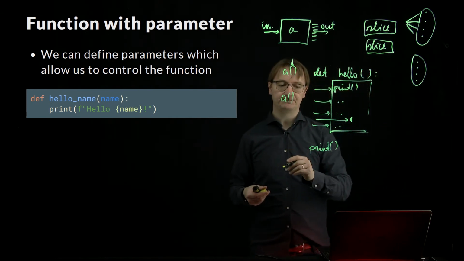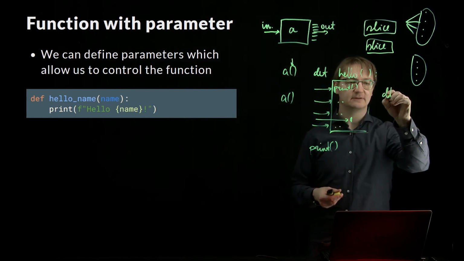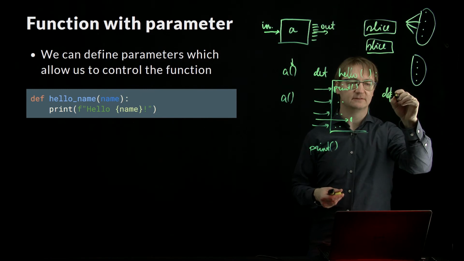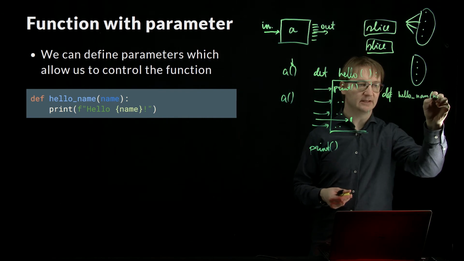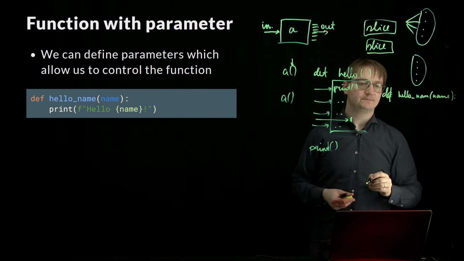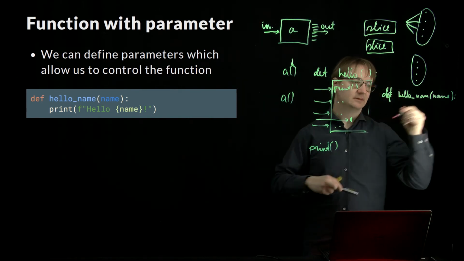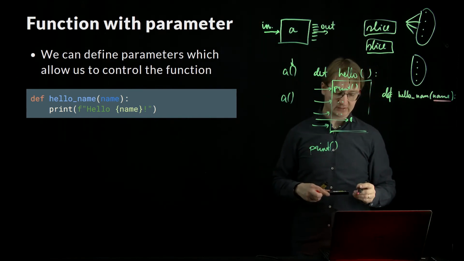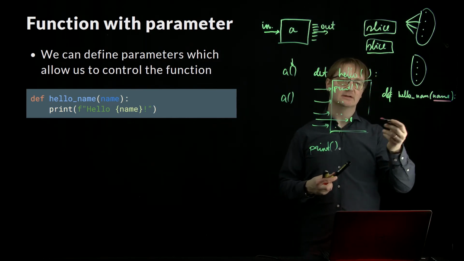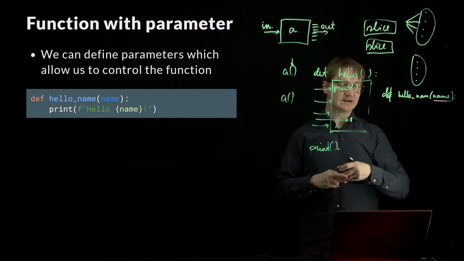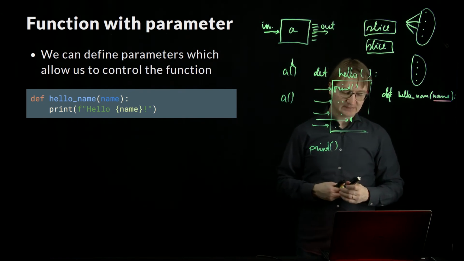So we have a function, let's write it here. Define hello name, and name. And now inside this function I can use the name as a variable. Currently it's just printing out the name. But this is basically a variable with the given name. Currently the name of the variable is name.